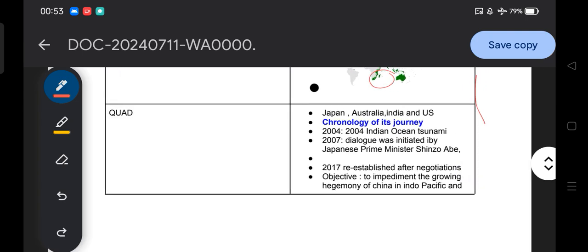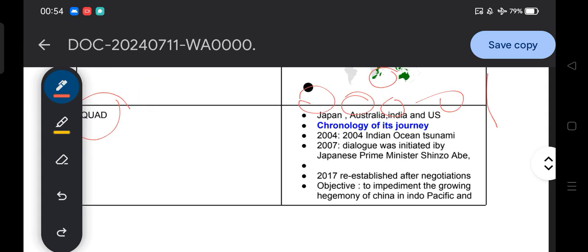Very nice. Then the Quadrilateral, or Quad. The countries are Japan, Australia, India and USA. One needs to understand the chronology of the formation of the Quad. In 2004 there was the ocean tsunami.